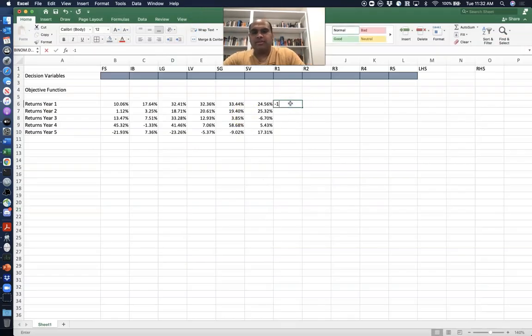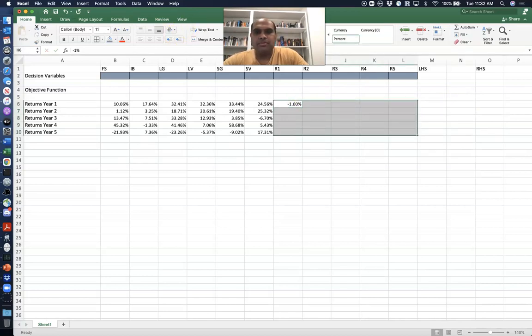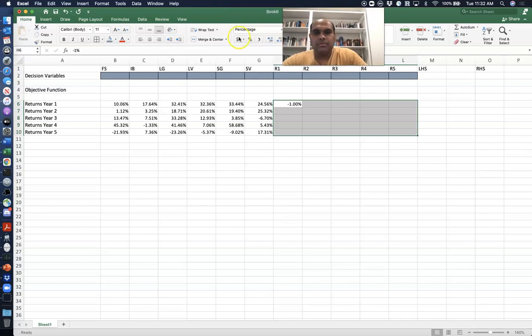I'm going to say minus R1. These are not percentages, these are just numbers, and I don't want any decimal places right here. So this will be minus R2, minus R3, minus R4, and minus R5, and all of these have to be equal to 0.